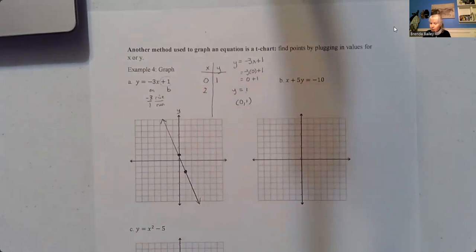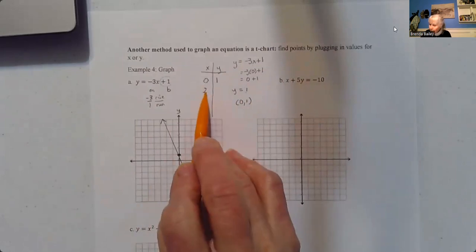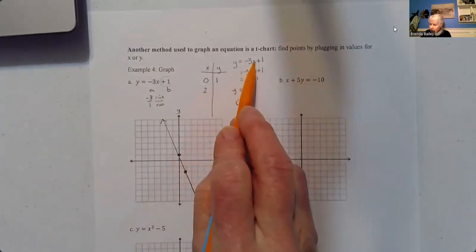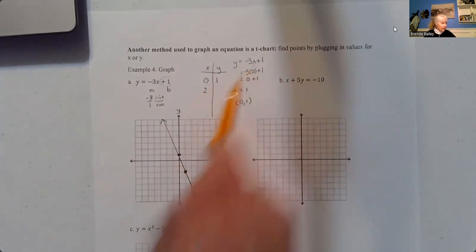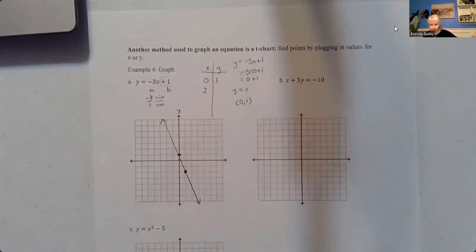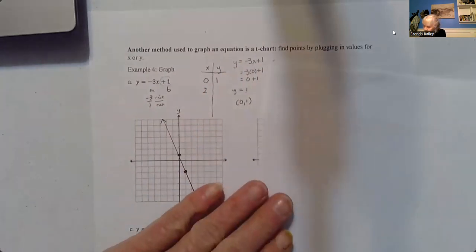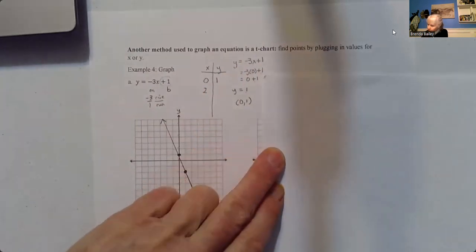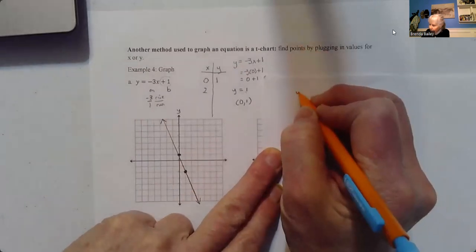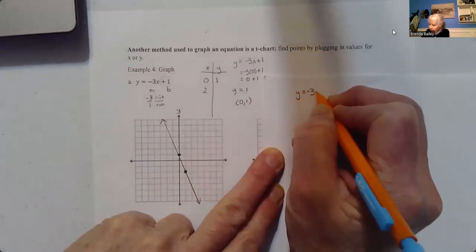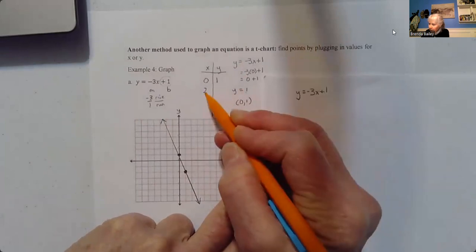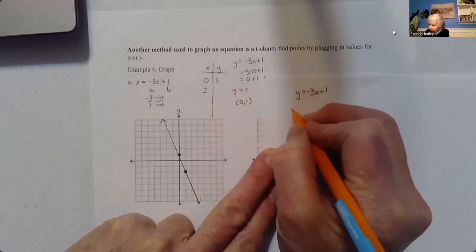Now we're going to do the same thing with the number 2. We're going to put 2 in for the x, just like we did the 0. I'm going to get a piece of scratch paper because I don't want to interfere with some of my other problems here. I'll copy the equation, and now I'm going to put in the number 2 for x.